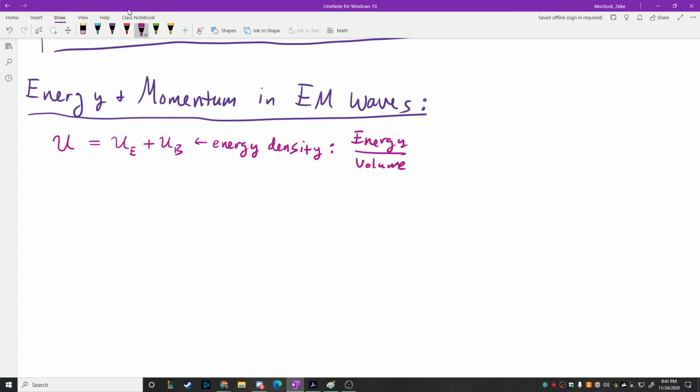We derived back in the chapter on capacitors that the energy that's stored inside of a capacitor is given by this expression, 1/2 epsilon naught multiplied by the electric field squared.